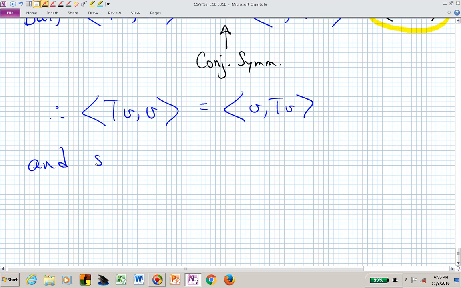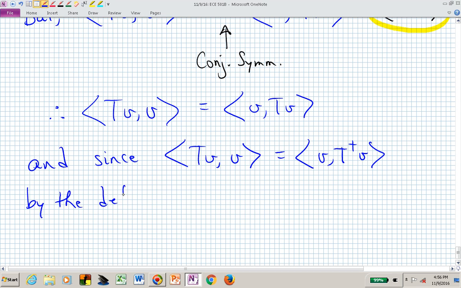And if I'm looking at <TV, V>, I can now move that operator to the second slot by the definition of the adjoint to be <V, T†V>. But now what I'm saying is that must equal that.